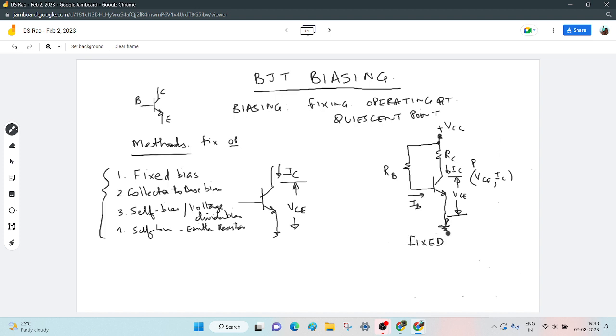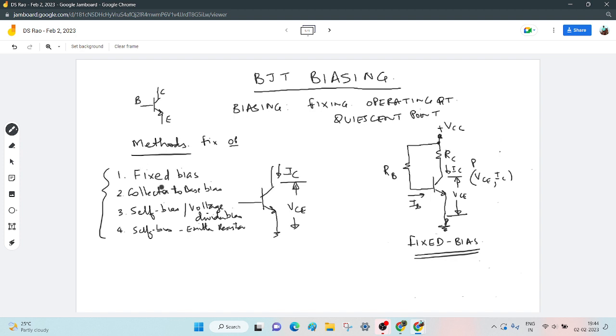We have not started anything. Tomorrow if I ask you to draw the circuit of fixed bias, you must immediately draw without hesitation. If you don't practice fixed bias, I cannot explain the next step. Next step is very difficult for me to explain, because you don't know the circuit of fixed bias. Understood? So this is fixed bias.